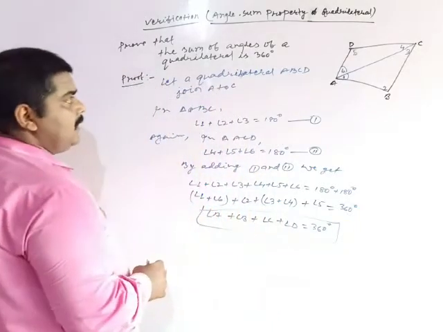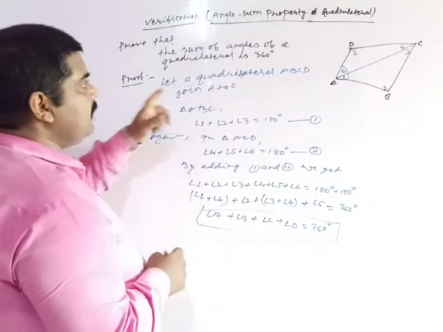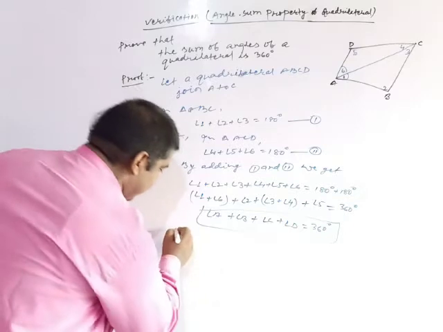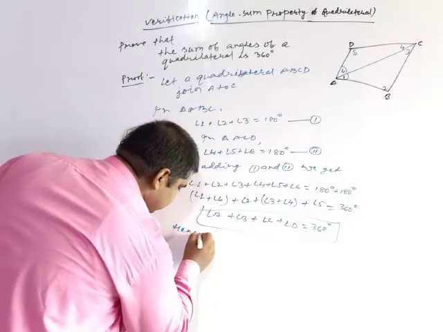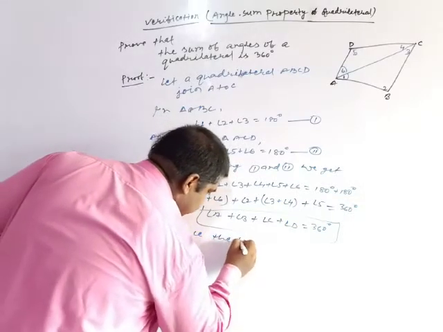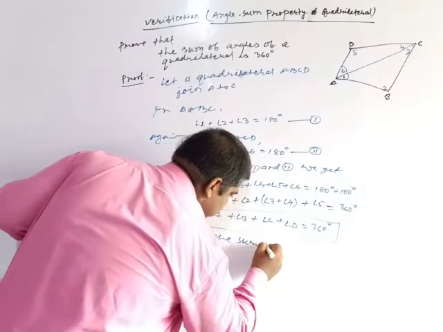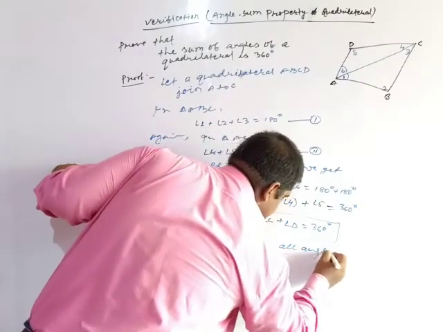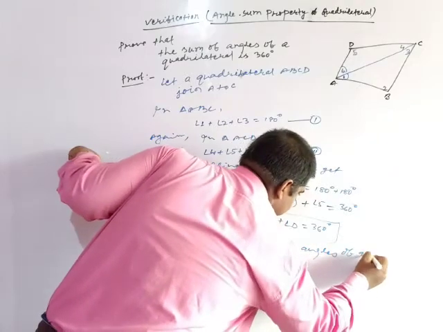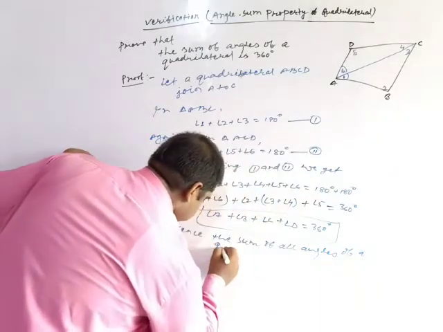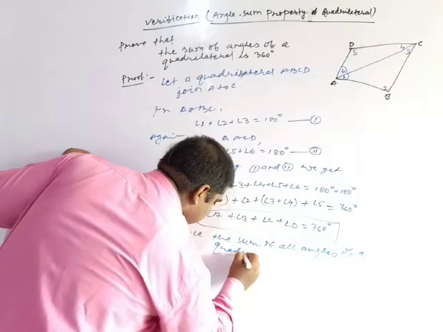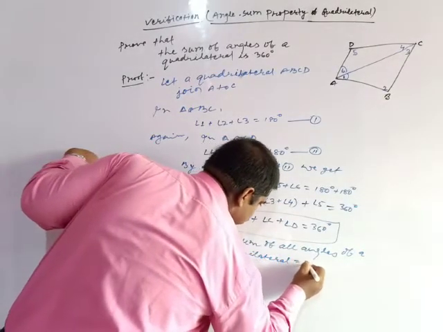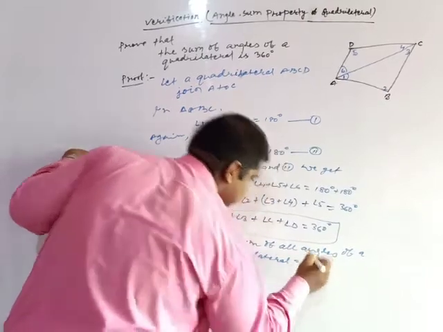And that is the verification of the angle sum property of a quadrilateral. Hence you can write that the sum of all angles of a quadrilateral is equal to 360 degrees.